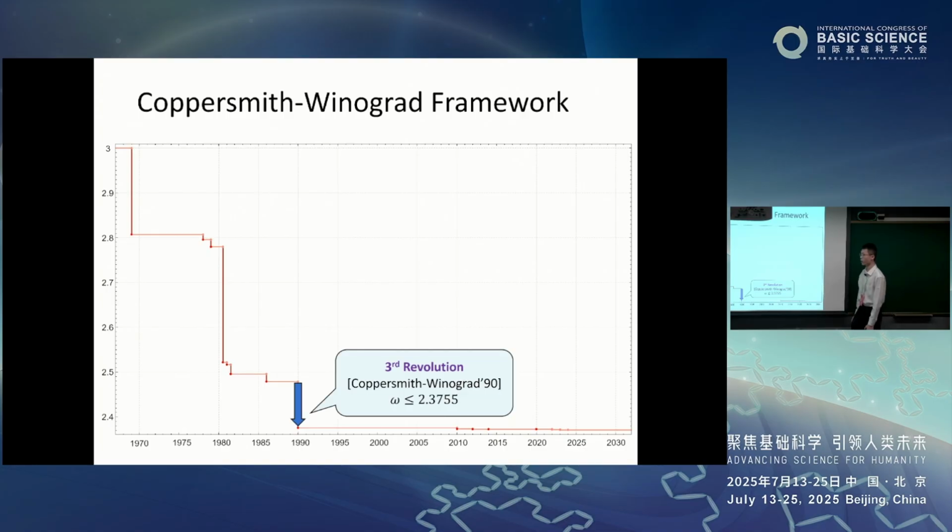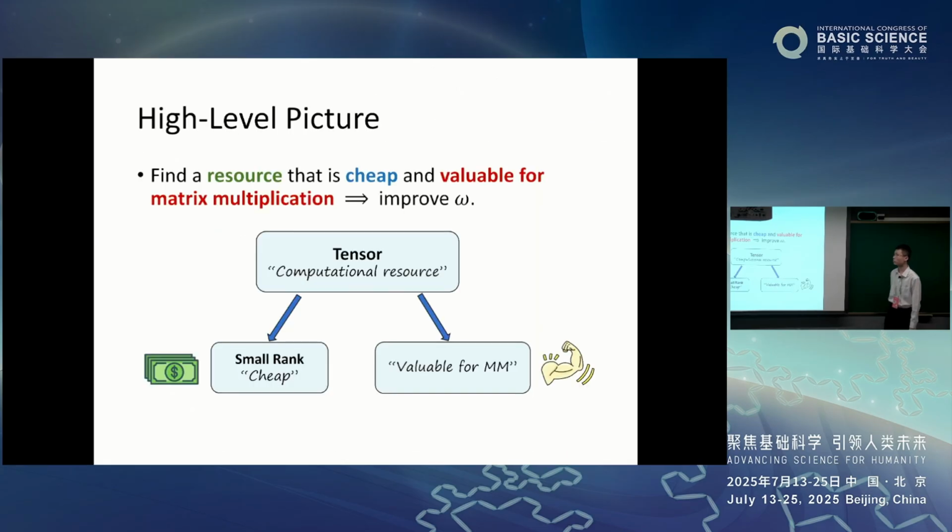Next, let's move on to introduce the Coppersmith-Winograd framework. It is the basis of all of the algorithms from the 1990s until today. The high-level picture of the Coppersmith-Winograd framework is shown in this picture. We want to find a type of resource, which is usually described using the language of tensors, and we hope it satisfies two nice properties.